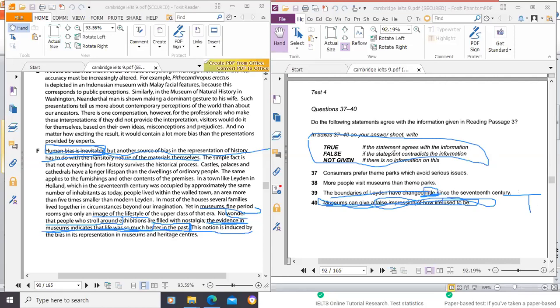It is false if the statement contradicts, if the museum gives the right impression, nothing hidden at all, no misrepresentation at all of how life is. And it is not given if they haven't given us information about the impression the museum gives about the past.